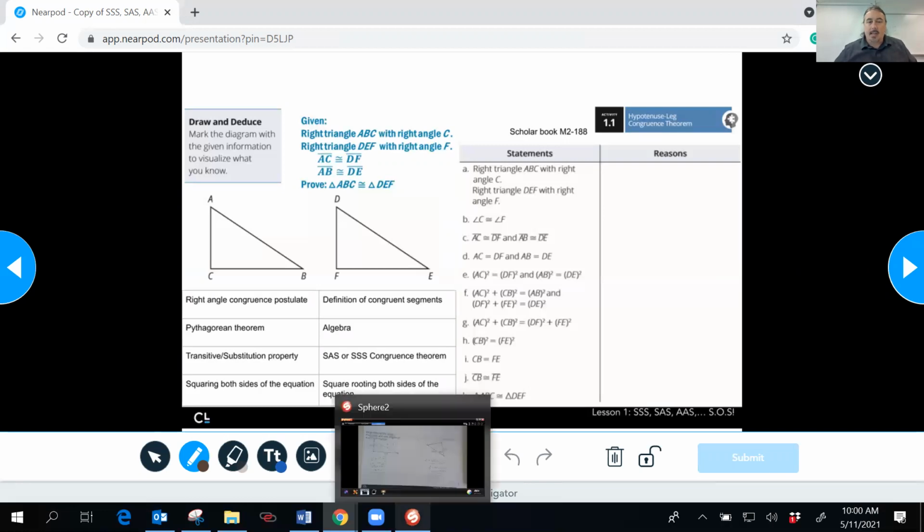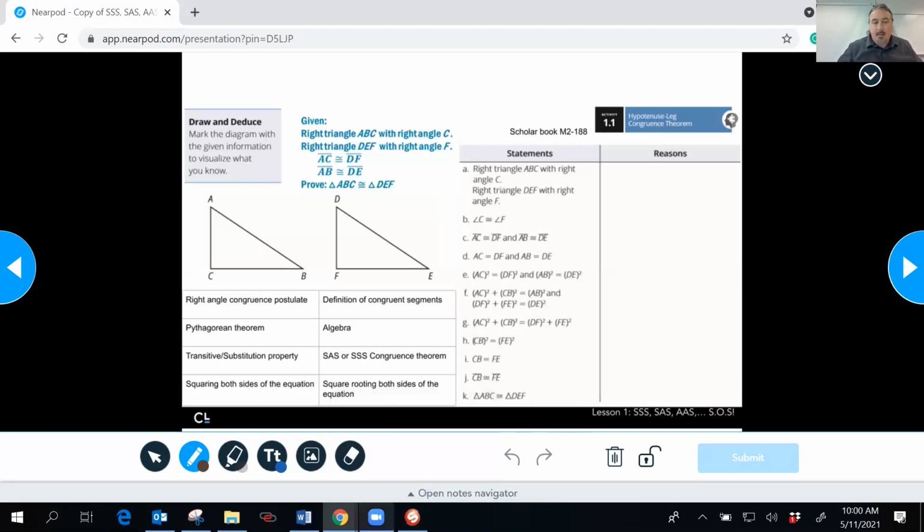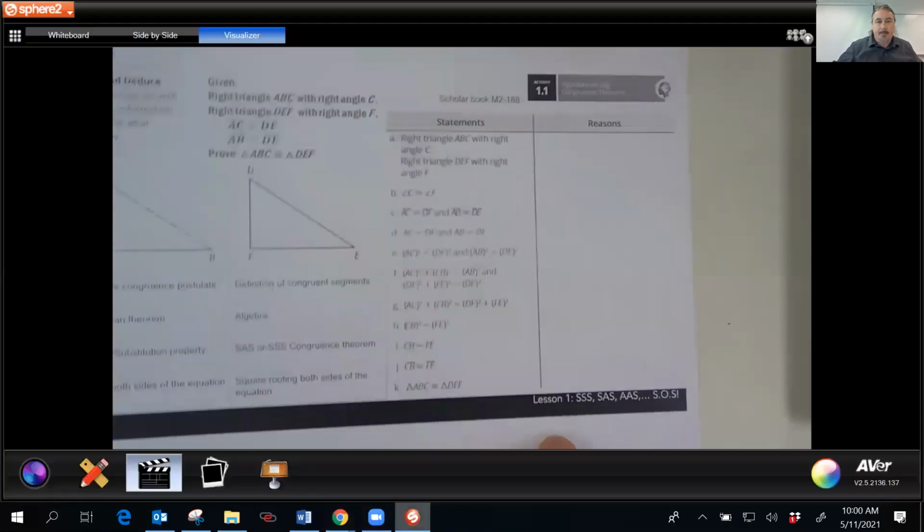So let's go ahead and go into the cam. How did you do? How did you fare on this? Hopefully you tried it out, but let's see how these proofs work. This will be a proof to expect to see on the next upcoming test. So I want to make sure that you clearly understand how to go about it.